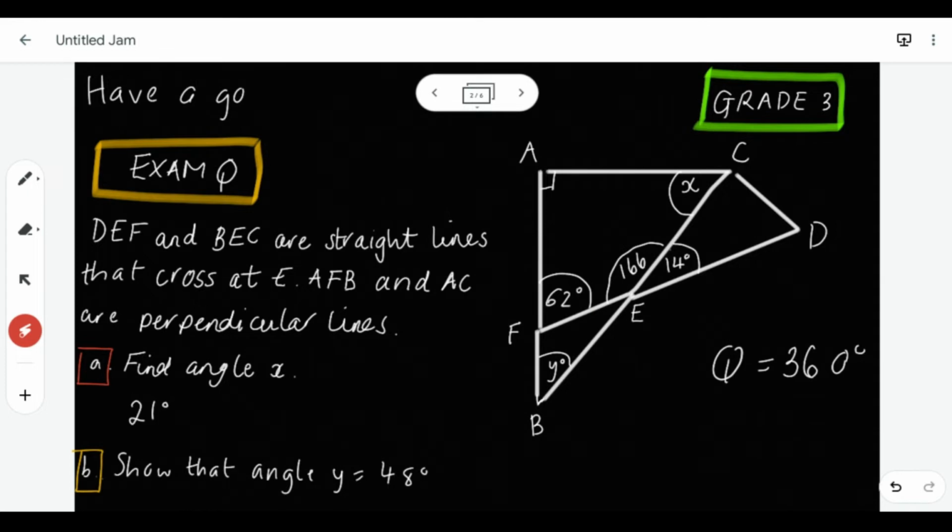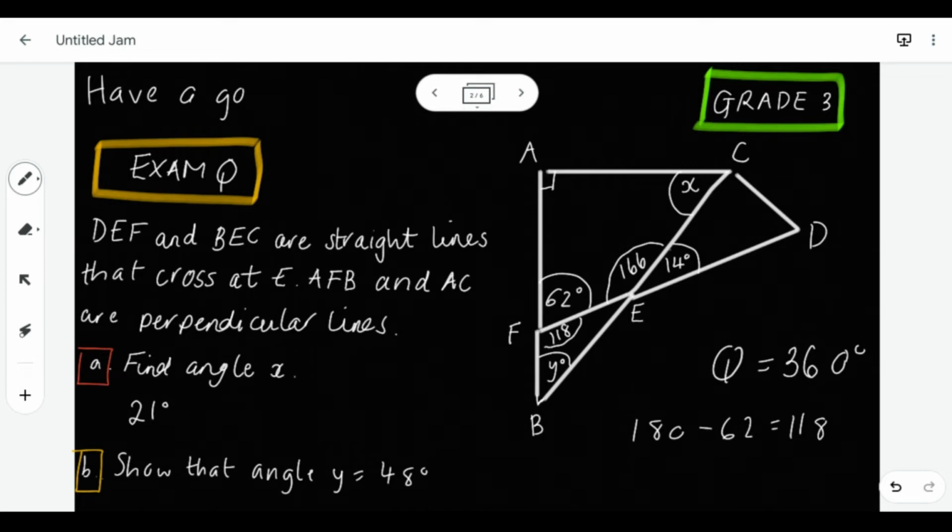We also know that the 62 is on a straight line, so we can take that away from 180. So 180 take away 62 should give us 118. Therefore, this angle here will be 118.